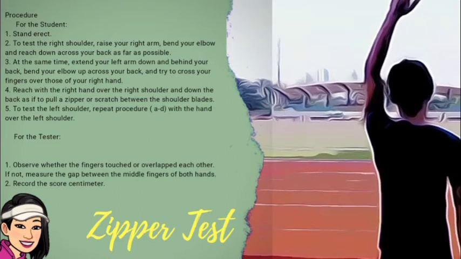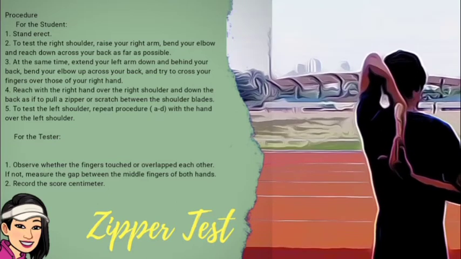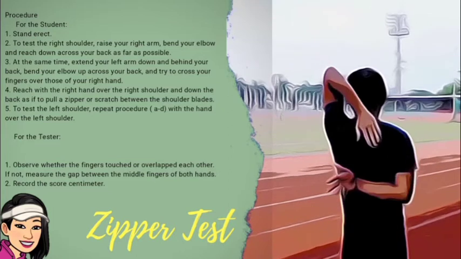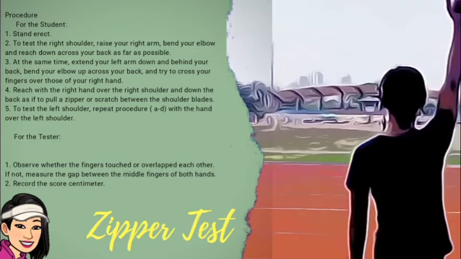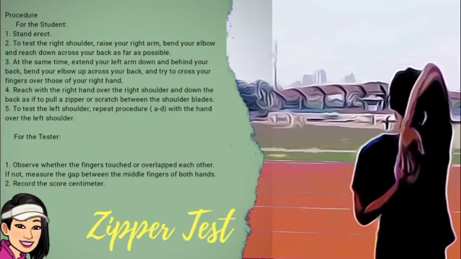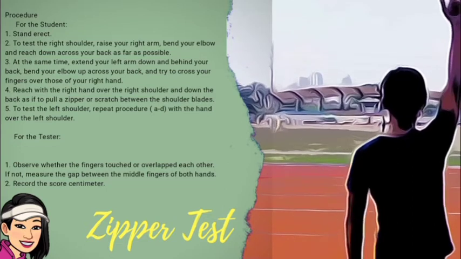Extend your left arm down and behind your back, bend your elbow up across your back, and try to reach or cross your fingers over those of your right hand as if to pull a zipper or scratch between the shoulder blades. To test the left shoulder, repeat the same procedure with the left hand over the left shoulder. For the partner, observe whether the fingers touched or overlapped each other.